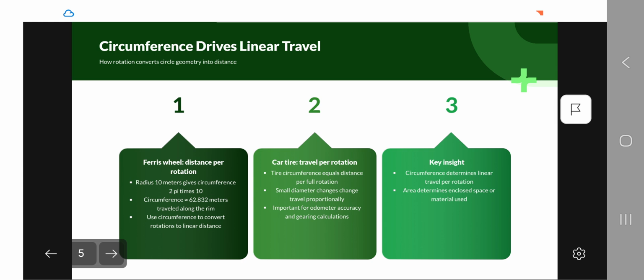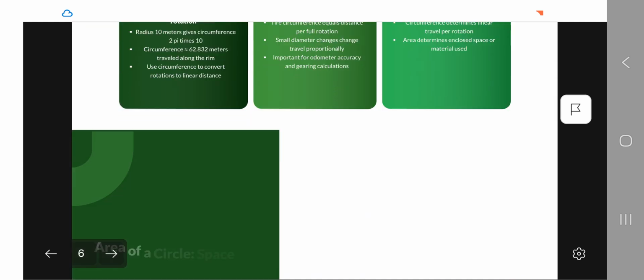Likewise used in vehicles: semis, cars, trucks, delivery vans, Ferraris, Lamborghinis, all of that stuff. And here's a key insight, which is number 3. Circumference determines linear travel per rotation, and area determines enclosed space or material used.